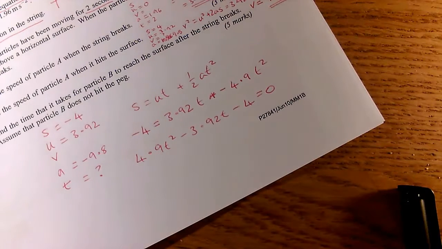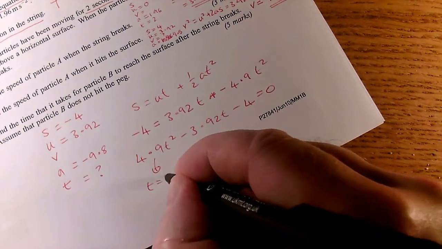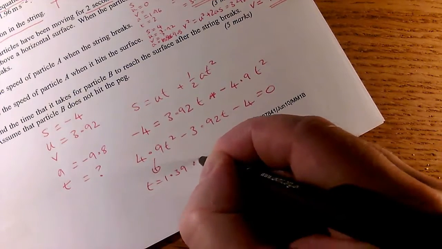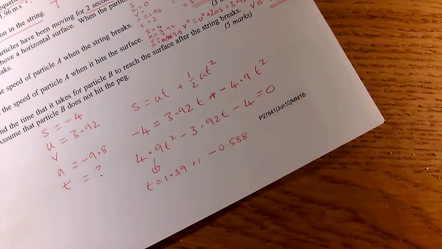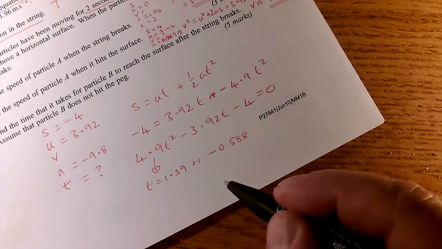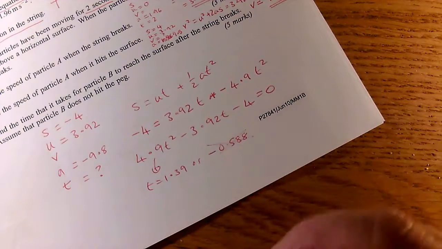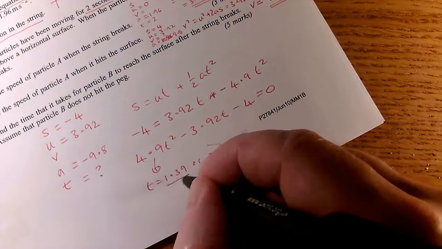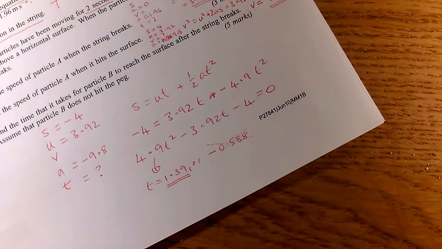And I can use my cheating quadratic equation solver on my calculator to do that. My calculator tells me that t equals 1.39 or minus 0.588. Of course I need to select the one I want, and I'm not interested in the negative time. That can't apply. So 1.39 seconds is my time t, and I am done.